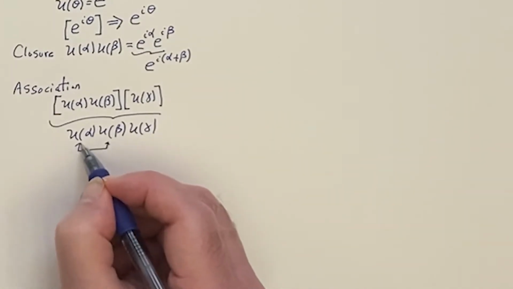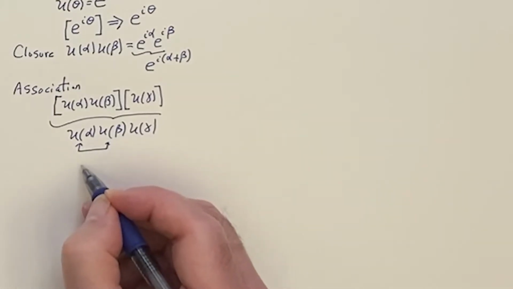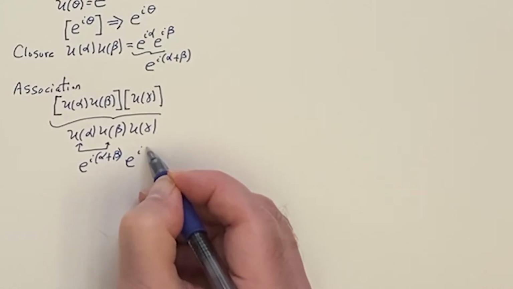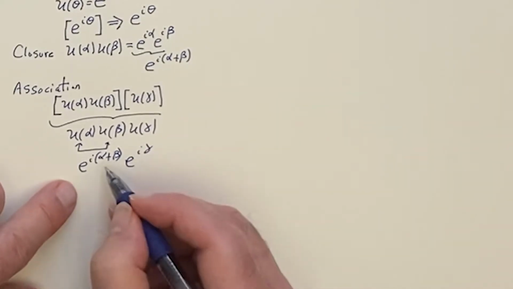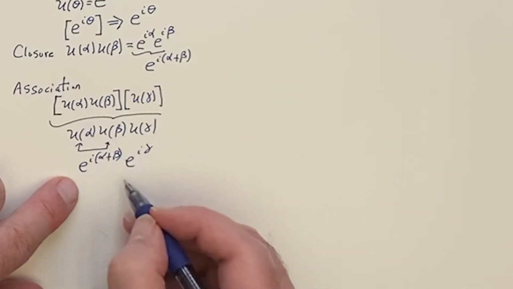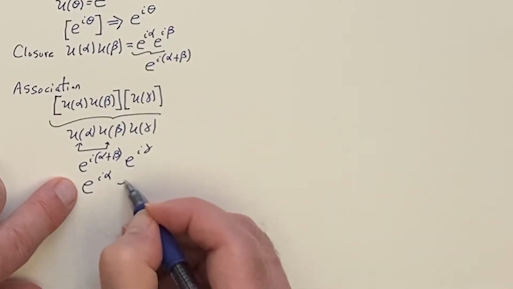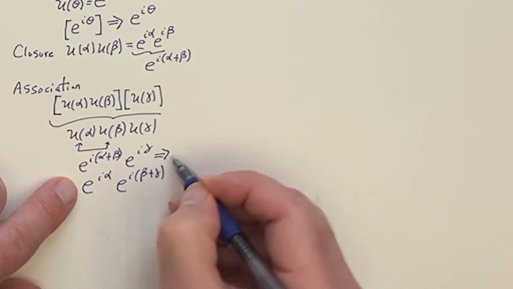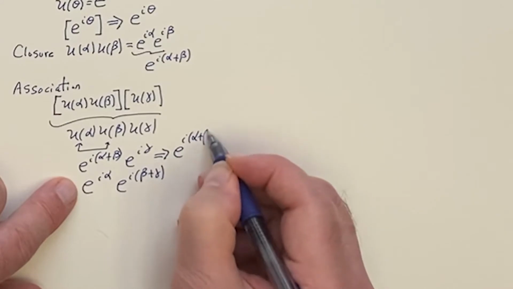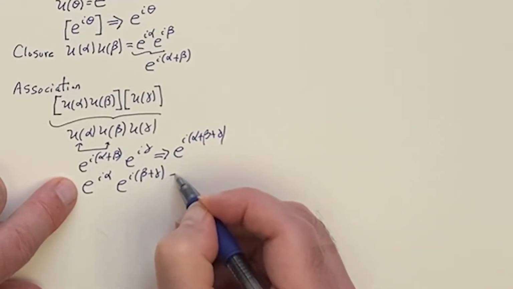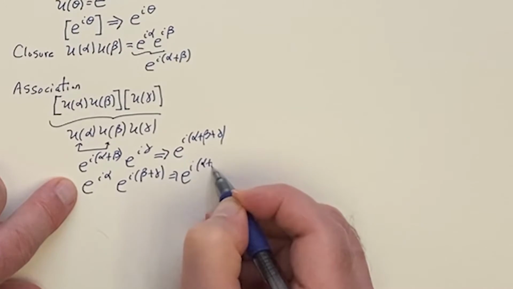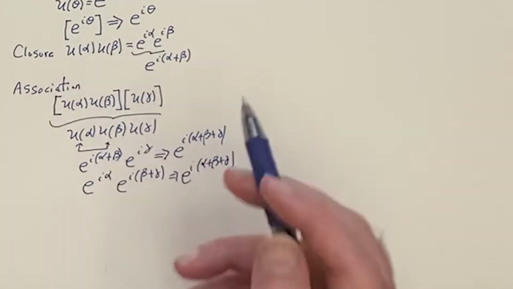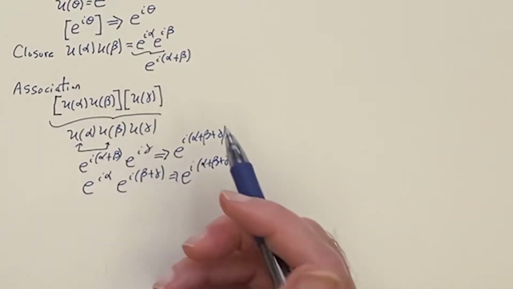You can multiply these two first, and then you'll have e to the I alpha plus beta, and then this is e to the I gamma. And then when you multiply this one in, you're going to sum up. But if you did the other two first, you would have this. When you put them all together, you're going to get alpha plus beta plus gamma. And this is going to be alpha plus beta plus gamma, so it doesn't matter. Since numbers have association, this is going to be association.